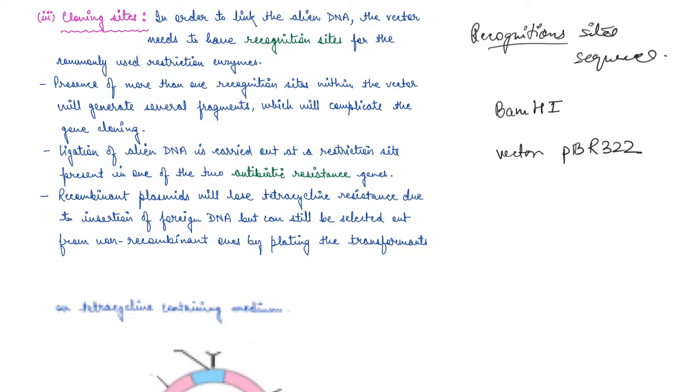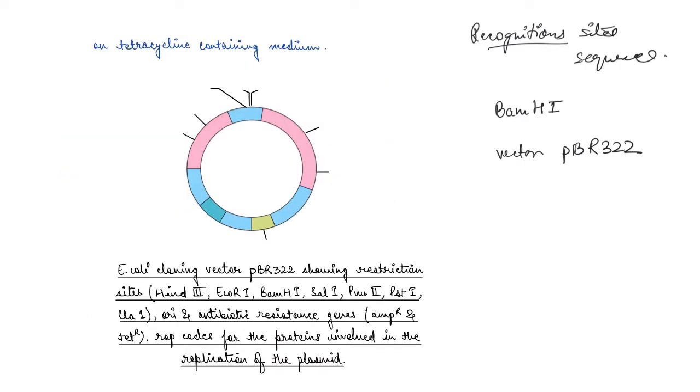Now, if we talk about non-recombinants, they will grow on the medium containing both the antibiotics, whether it is tetracycline or ampicillin, right? Now here you can see in this diagram as well, guys. This is the E. coli cloning vector, pBR322. Now this is showing restriction sites, right?